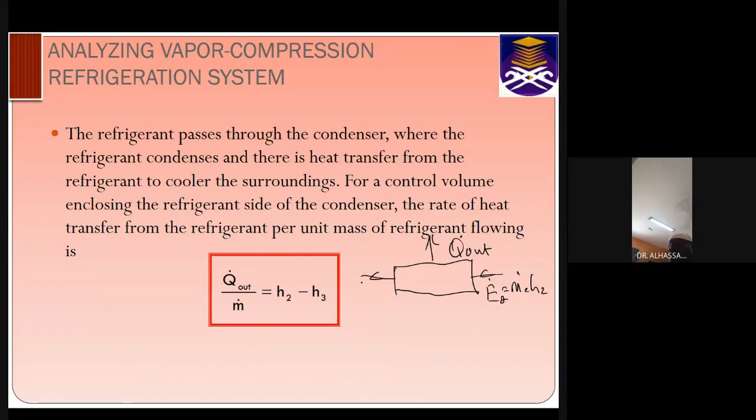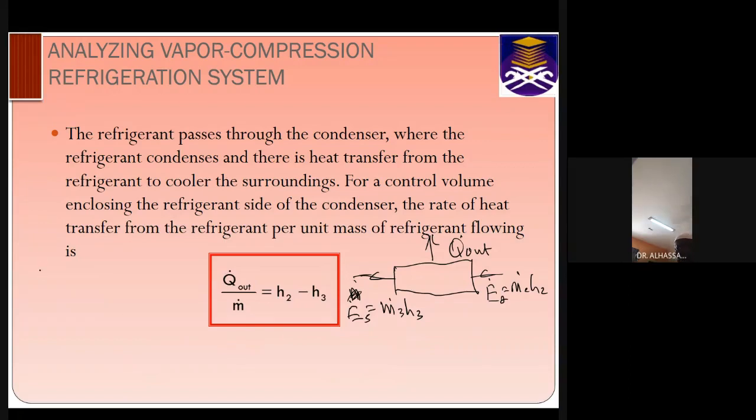And finally here we have E3, the energy at state 3, equal to M3H3.